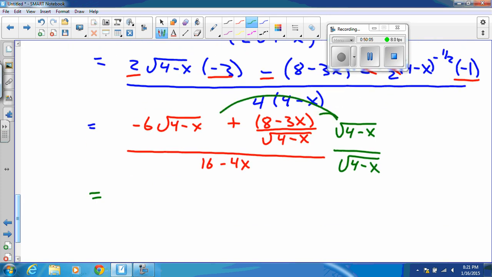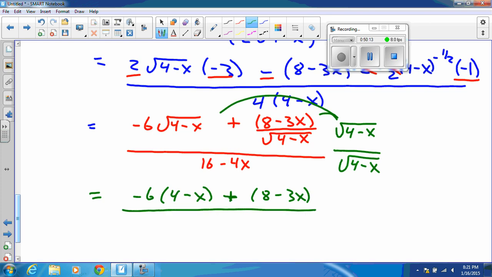Okay, so we're a little bit happier with this. We still need to continue to simplify because we have a compound fraction here. So we're going to clear the fractions by multiplying the top and the bottom of our fraction by root 4 minus x.